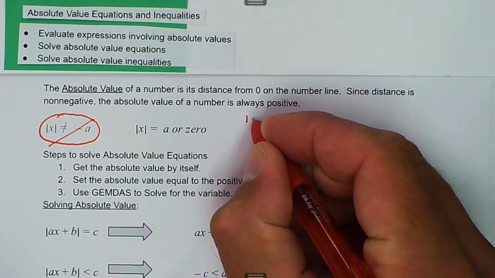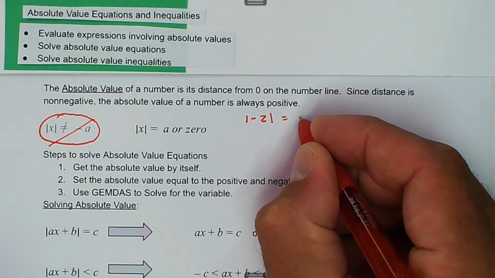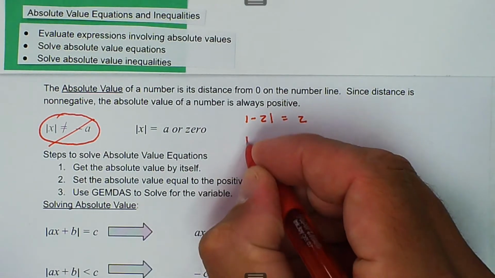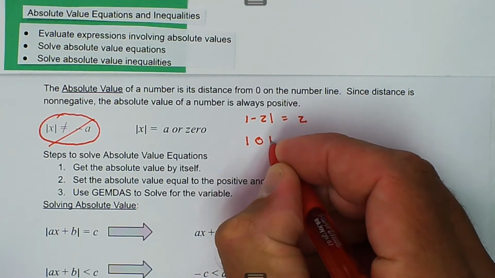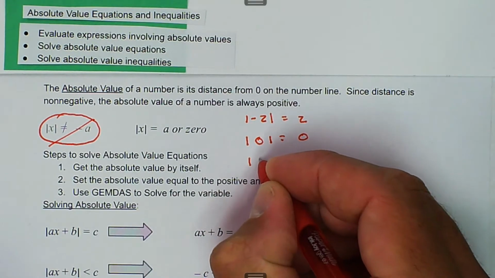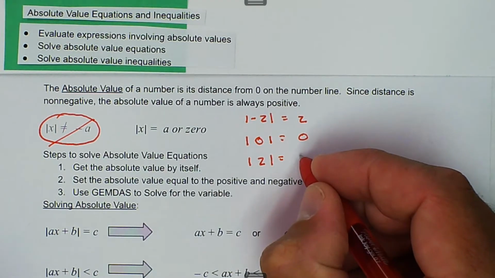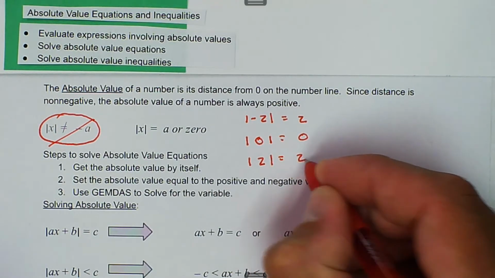If we said the absolute value of negative 2, that is equal to 2. And the absolute value of 0 is equal to 0. And the absolute value of 2 is also 2.